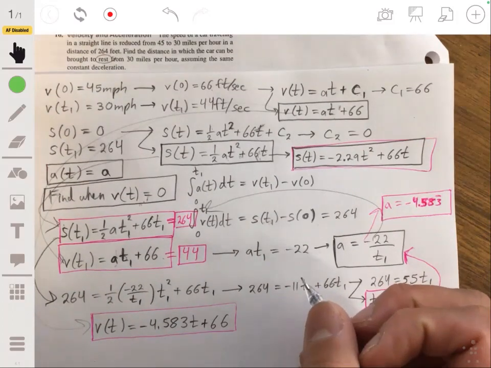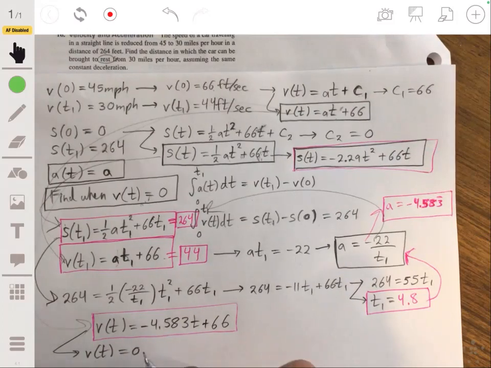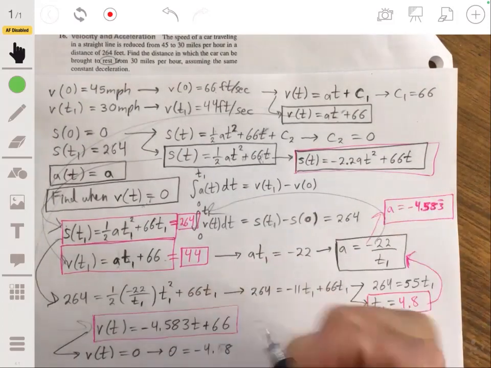So let's write v of t is 0. So then making this equal to 0: negative 4.583 t plus 66. Why do I keep on messing it up?